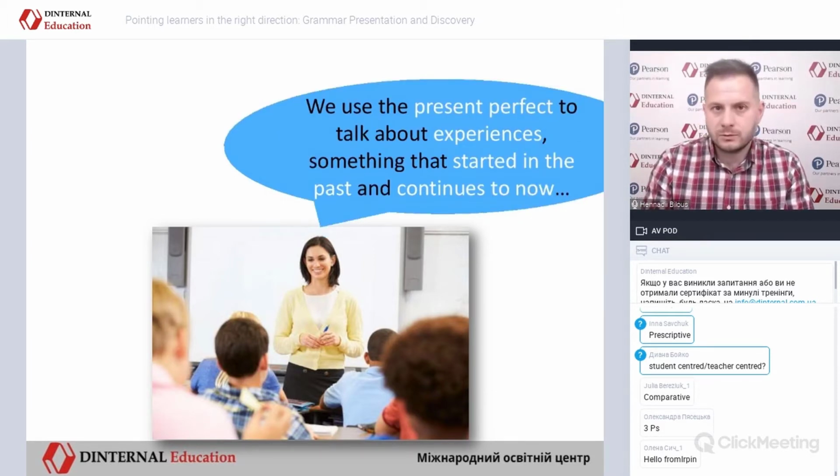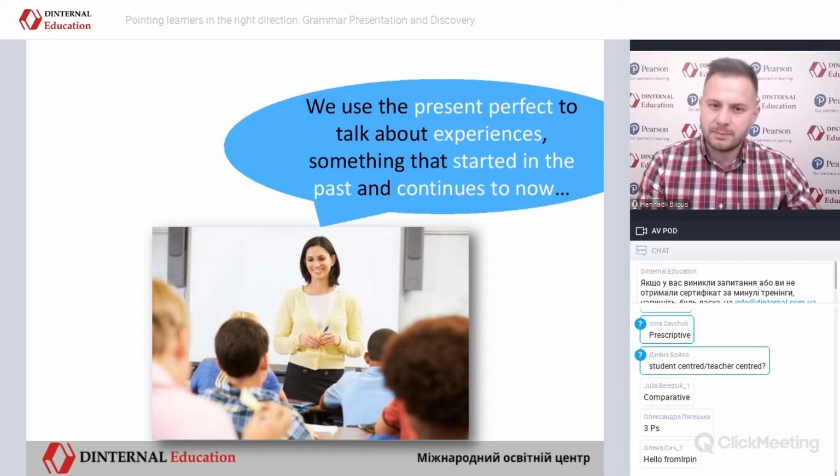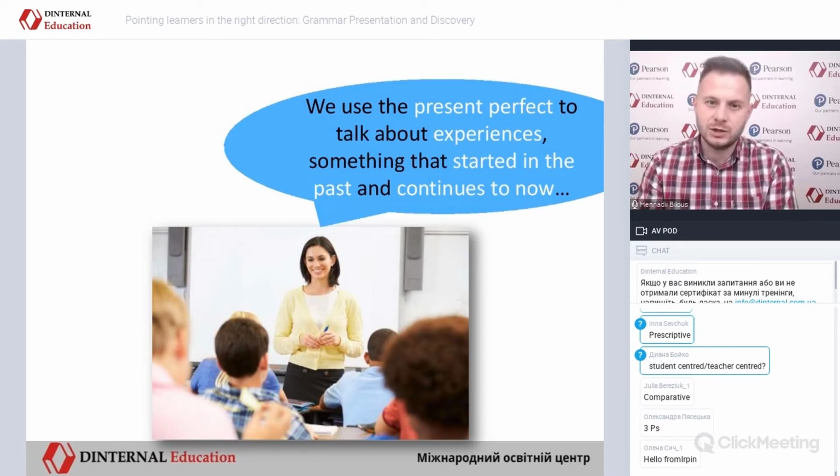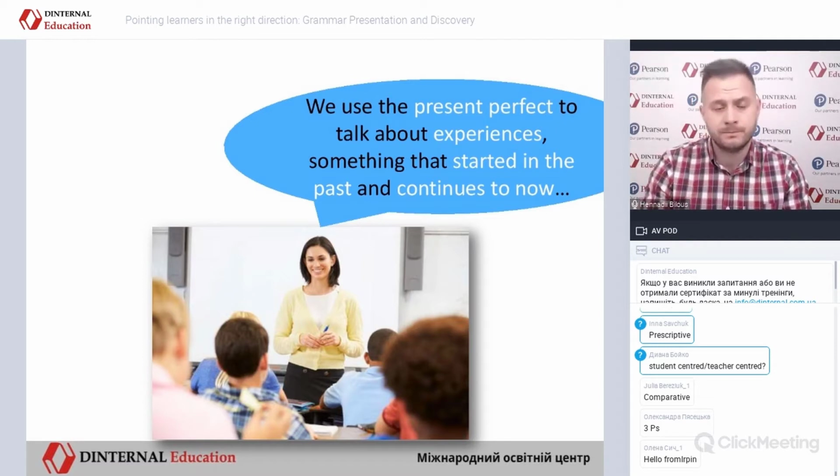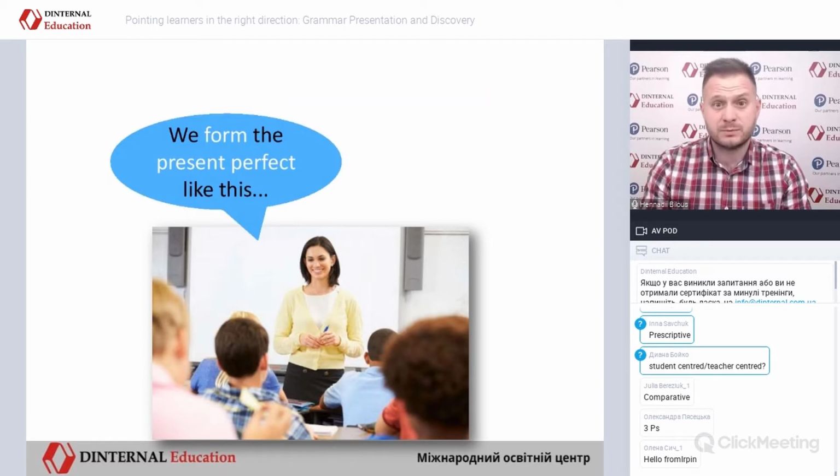And then, well, we would go and explain it. We would say, all right, guys, so present perfect is the tense which we use when talking about experiences. We usually talk about things that started in the past and still continue, well, to now, right, to the moment of speech. And then after giving them some explanations and definitions of what present perfect is, you would probably say, okay, guys, how do we form present perfect?